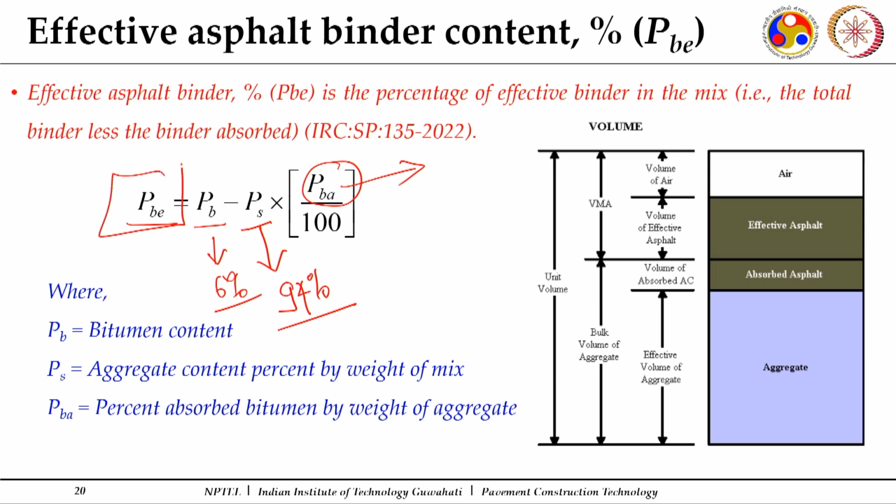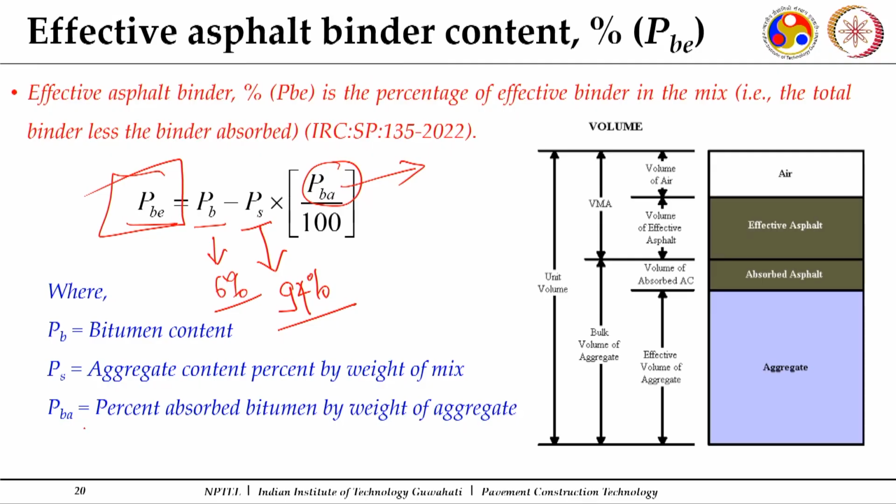That gives you the percentage of bitumen which is effective, or which is free and available for coating the aggregates, with respect to the weight of the mix. So here you see Pbe is the percentage of effective binder in the mix, total weight of binder less the binder absorbed, and this is with respect to the weight of the mix. So, these are some important parameters.